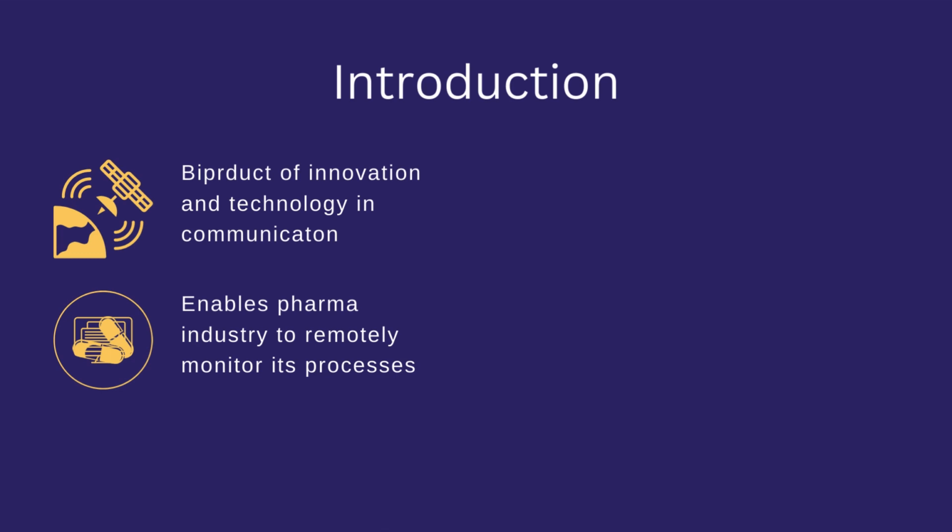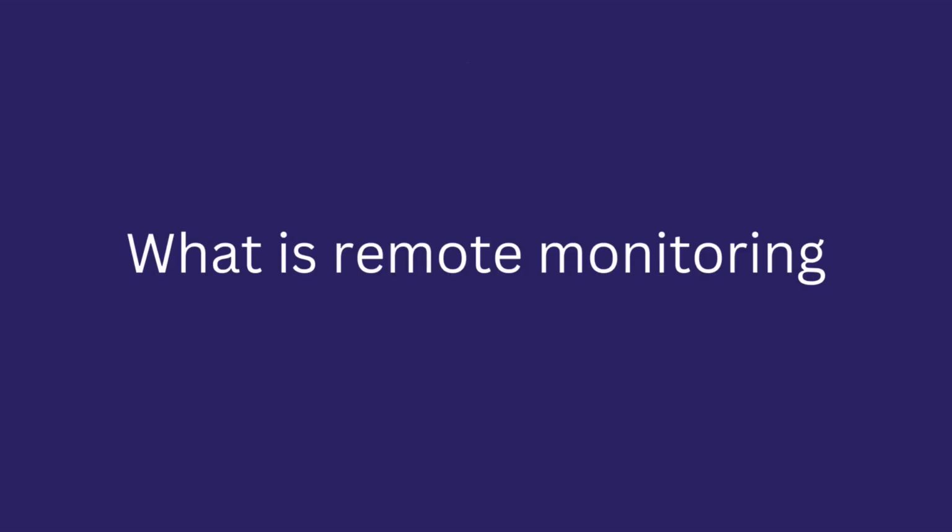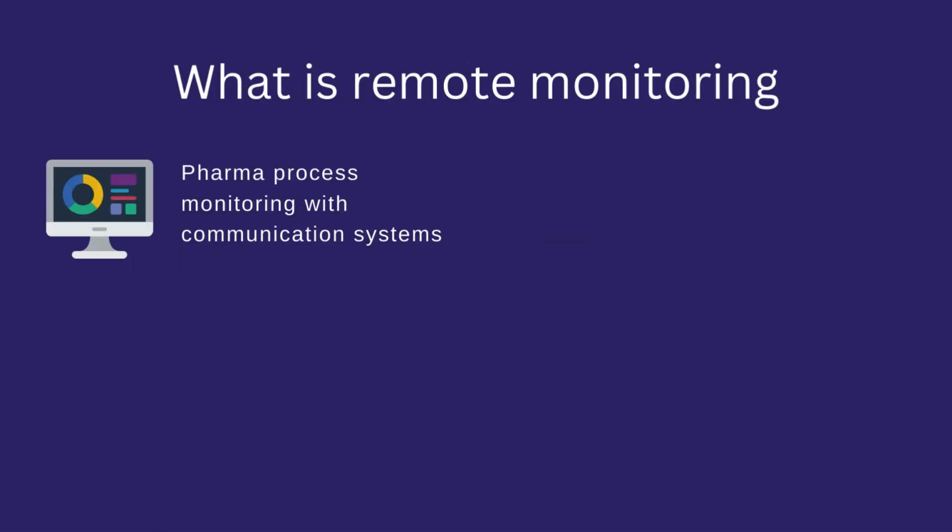This feature brings a bunch of advantages that traditional monitoring systems can't. It is used to optimize the production process by utilizing the collected data for various improvement techniques, such as maintenance and production planning.